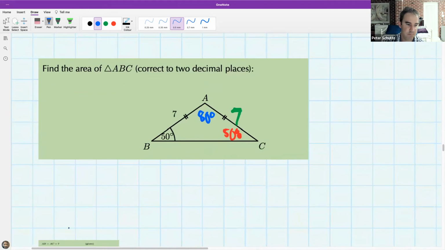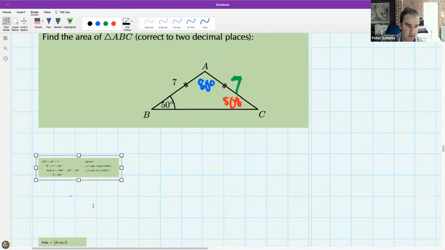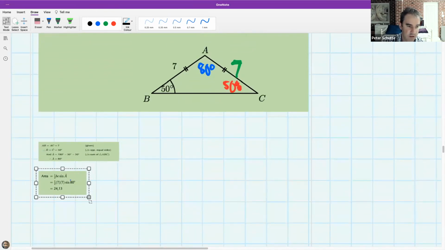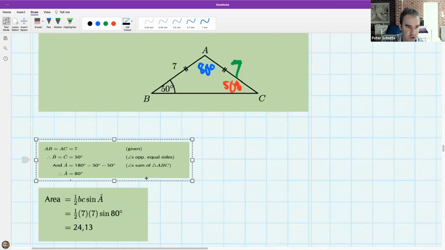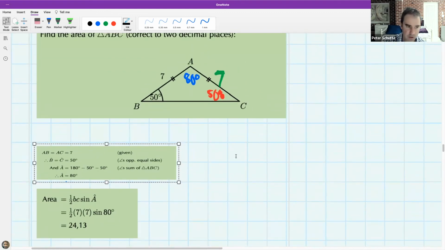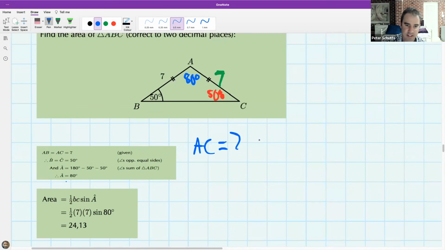I'm just going to bring the answers up for you so that you can see them. So you're absolutely right, the answer is going to be 24.13. But what I want to point out is before you could do that, you actually had to write down some reasons. So you had to write AC is 7 and say, okay, that was given.